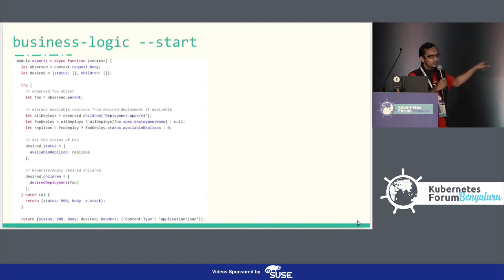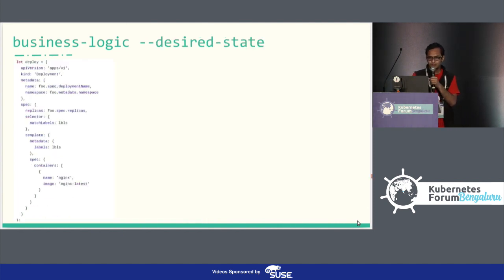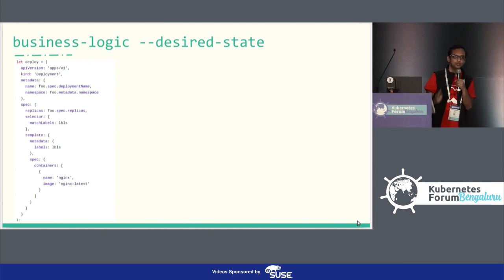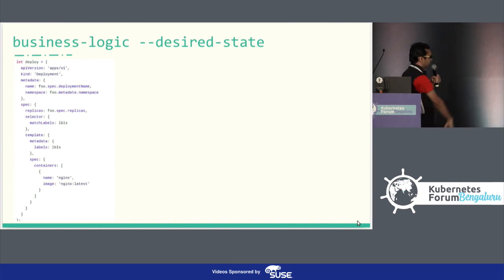What has fit into this slide is exactly the same amount of code that you need to write. All right, and this is the desired state. So the first one was the config, the second one was the startup code, and the third one is the desired state. And the desired state is nothing but exactly the YAML that you want. And what do we want? We want the deployment.